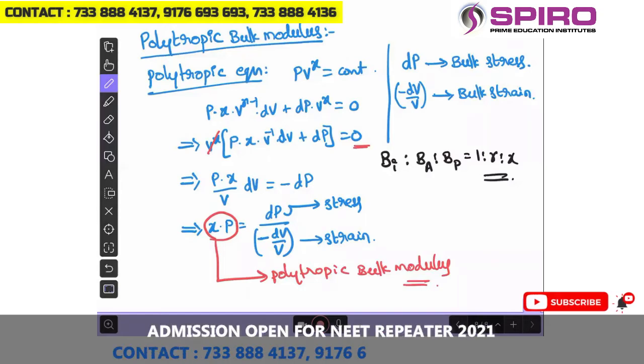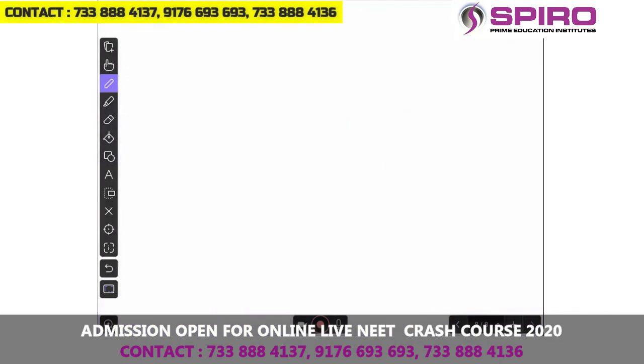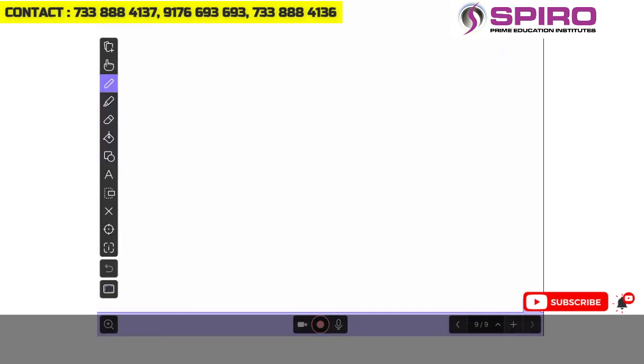After this we have to go for the cyclic processes, reversible cyclic processes and irreversible cyclic processes. And already we know what a process is. A process means the system of gas is undergoing continuous change in pressure, volume, temperature, internal energy and so on.